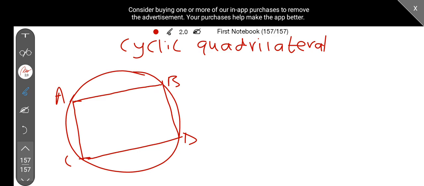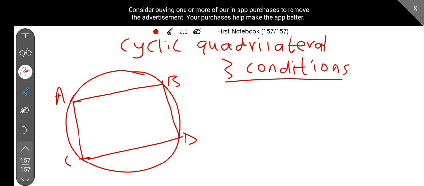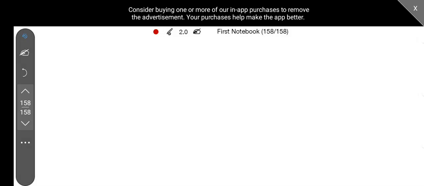And something important you must know, there are three conditions for a quadrilateral to be cyclic. We're going to discuss those three conditions, and they also have converses. So let's take the first condition.